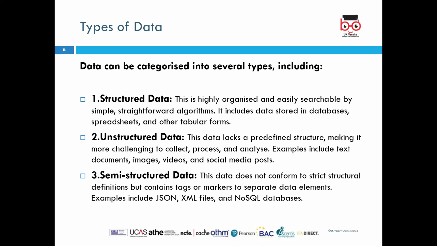We know that with structured data, we have the ability to organize and easily search by simple, straightforward algorithms. With unstructured data, this is going to lack a predefined structure, which is going to make it more challenging for us to gather, process, and analyze our data.